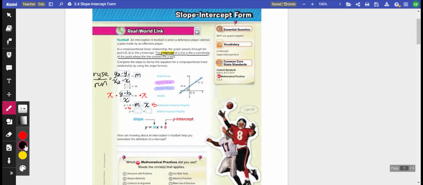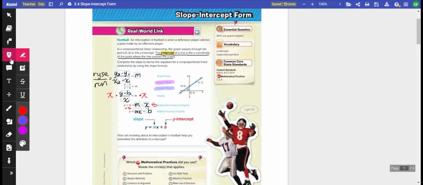So that makes this next part y equals mx plus b. So y equals mx plus b has your slope, which is represented by the m, and then you have your y-intercept, which is represented by the b.